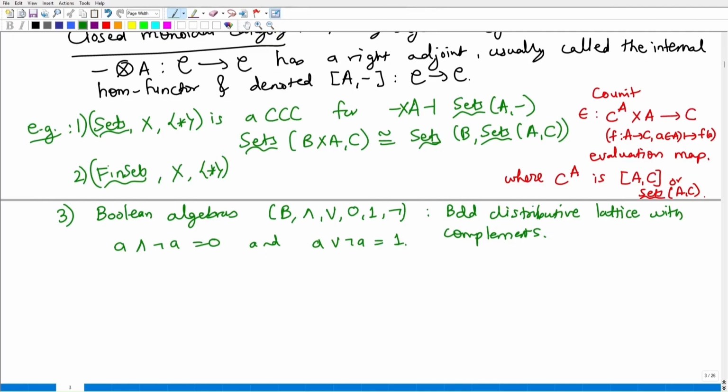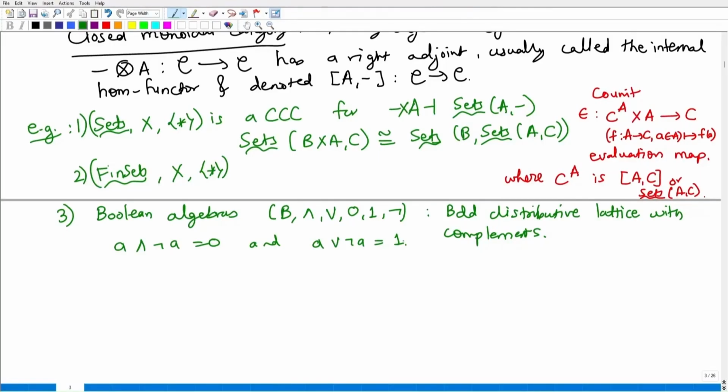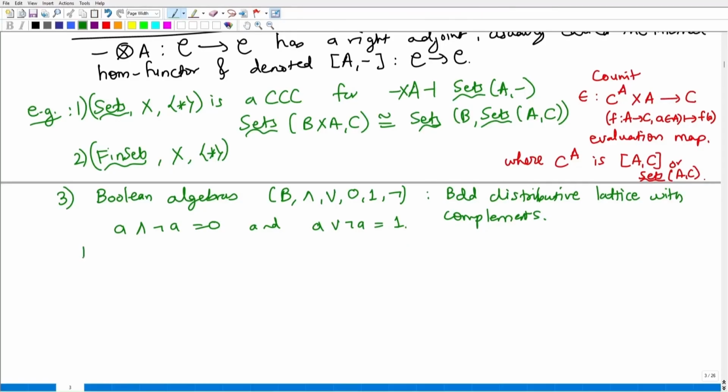The uniqueness of negation A can be obtained from the other properties, bounded and distributivity. Okay, so Boolean algebras in particular, I will give you an example. If you have never seen Boolean algebras, then the power set of any set X, with intersection, union, empty set, whole set X, and X minus blank, the complement operation, is a Boolean algebra.